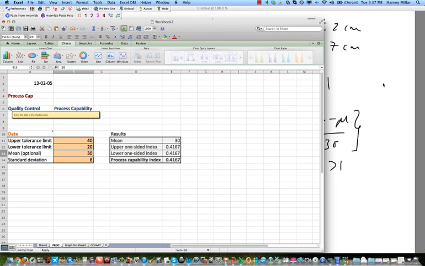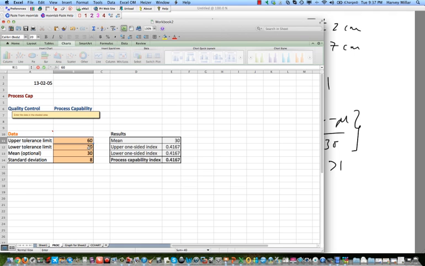If we look at this, essentially 3 standard deviations is 24. 24 plus 30 is 54. So to get a process capability of more than 1, I may need something like 60 as an upper tolerance, or higher. Let's just use 60 as an upper tolerance limit.